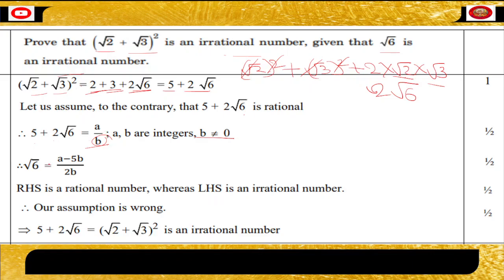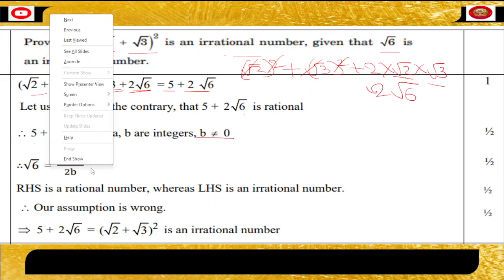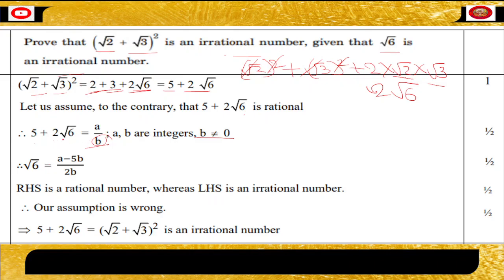That means root 6 is equal to, moving 5, a divided by b minus 5. Here find the LCM, which is b. A as it is minus 5 into b. That means root 6 is equal to a minus 5b divided by 2b.